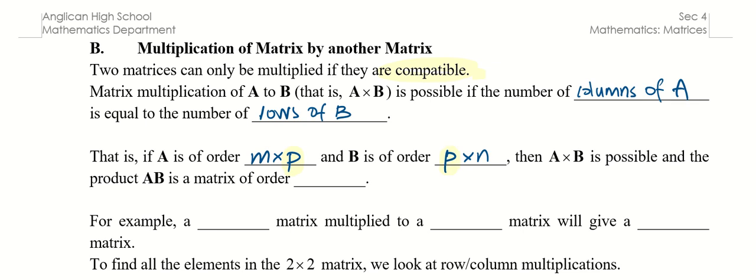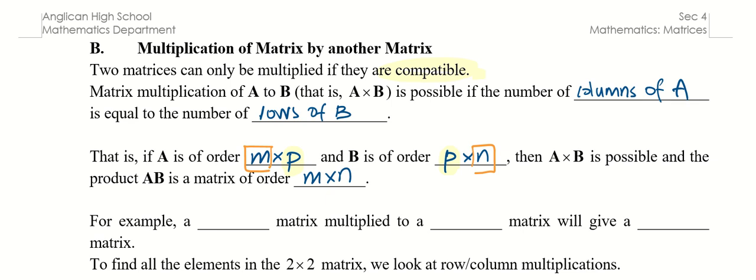Then you can multiply, and the product will be m by n, drawing from the first matrix's rows and the second matrix's columns.